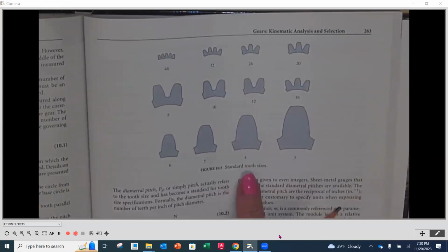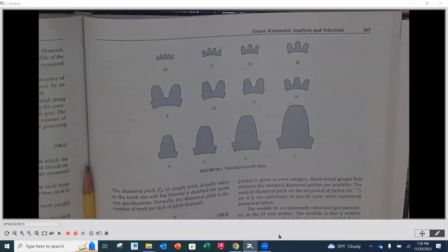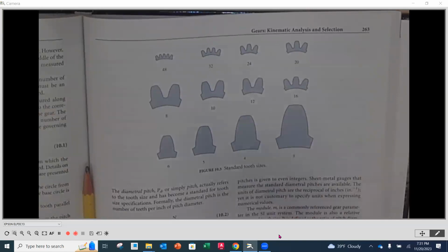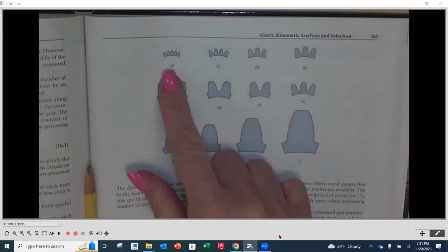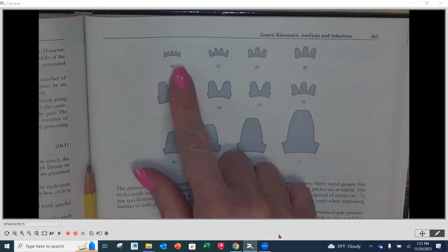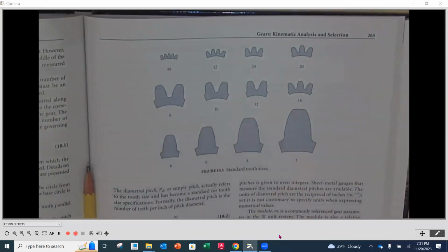As we look up here, this says these are standard tooth sizes. These are called out in diametral pitch numbers. So for instance, if we have a number 3 tooth, it's a big chunky tooth compared to a 48 tooth, okay? These are all diametral pitch sizes, but these are standards. So notice that we don't have every number.